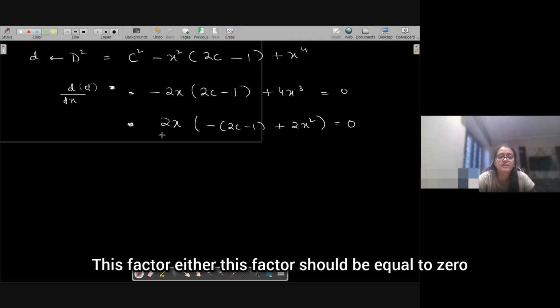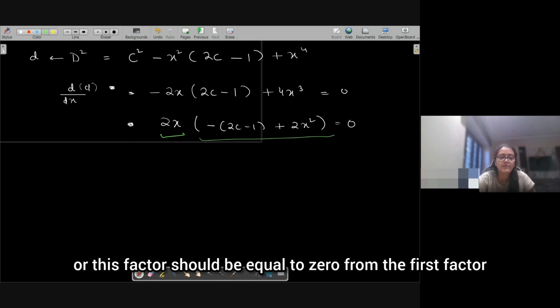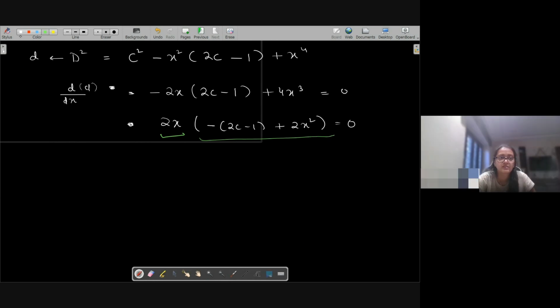So either this factor should be equal to 0 or this factor should be equal to 0. From the first factor, 2x is equal to 0, that means x is equal to 0. That is one candidate.